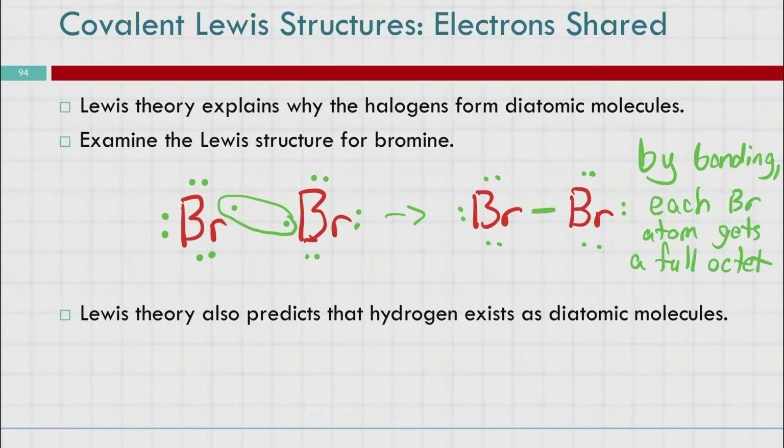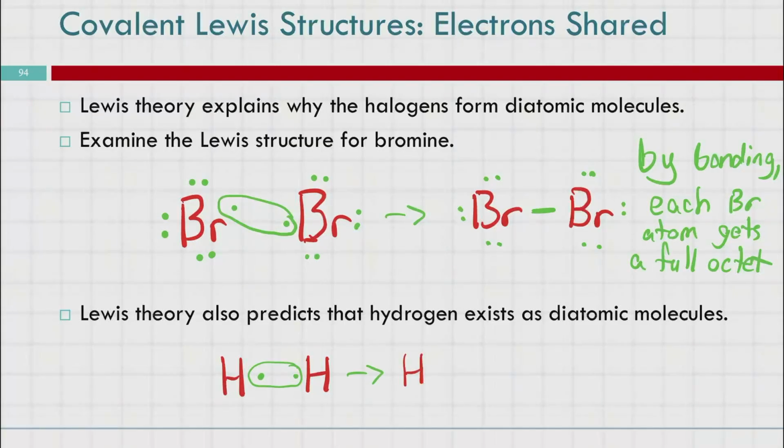Lewis theory also predicts that hydrogen exists as diatomic molecules, because hydrogen is going to have 1 electron. And again, if they share those electrons, then they get a full duet.